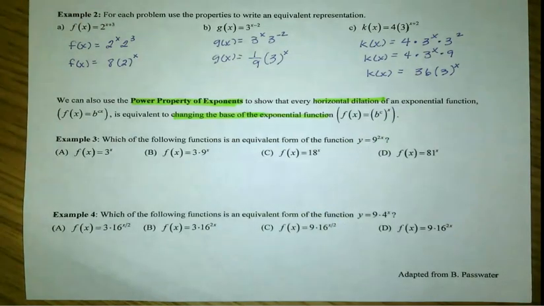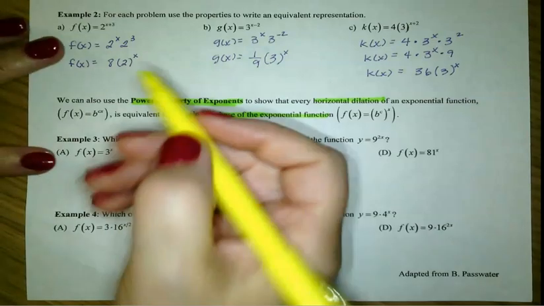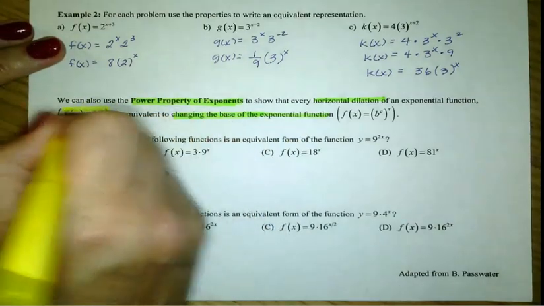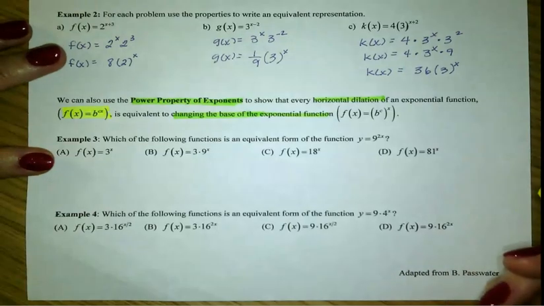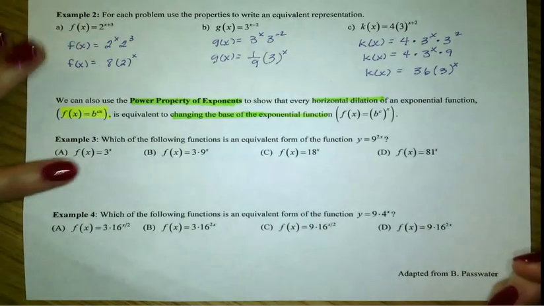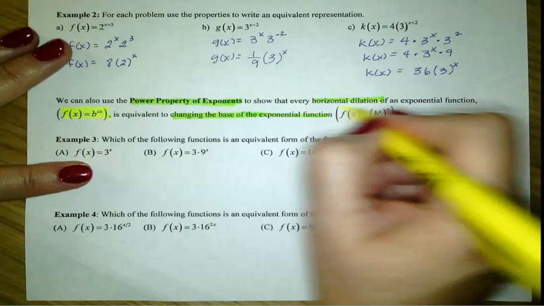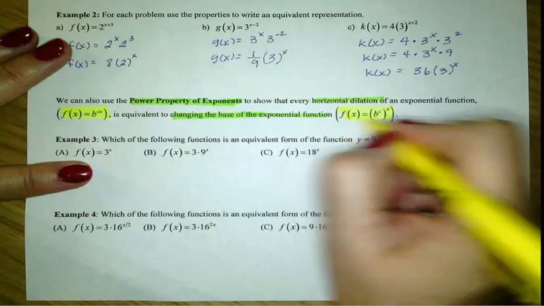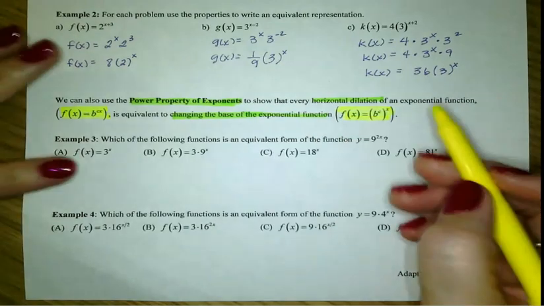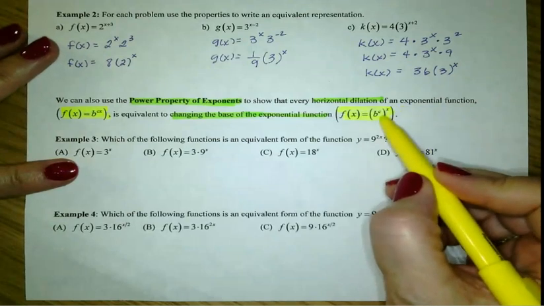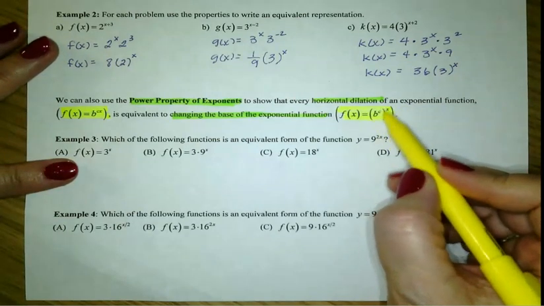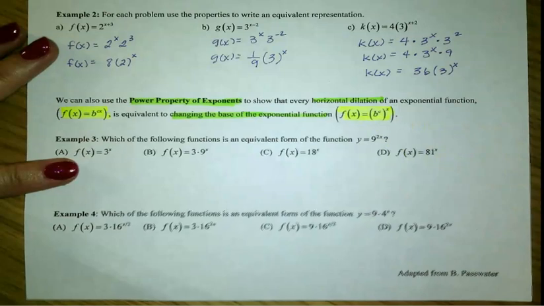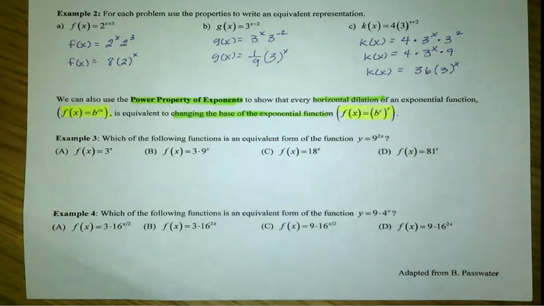This means that if I use the power property, so I start with this function, f of x equals b to the product cx, then I could rewrite that using that power property, and I can split the c and the x up. So I can say b to the c, get that answer, and raise it to the x. So I can change the form of that around as well. So we're going to apply these two properties in the last two examples that we're going to do.